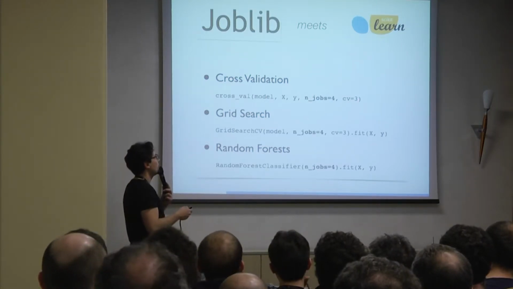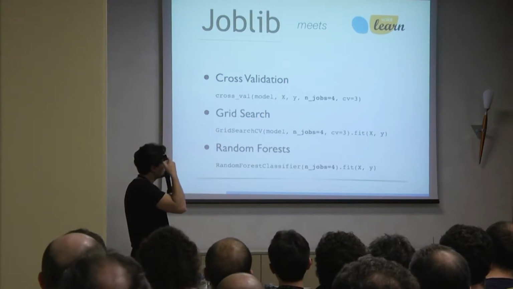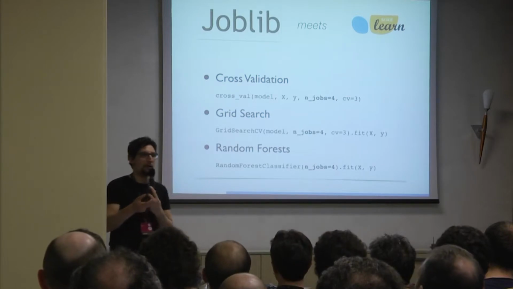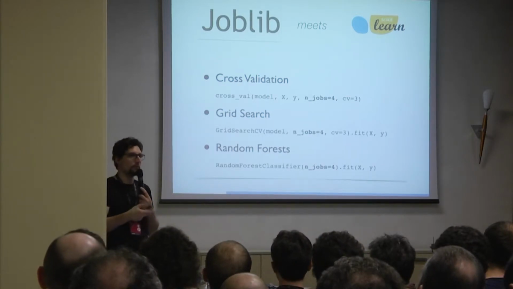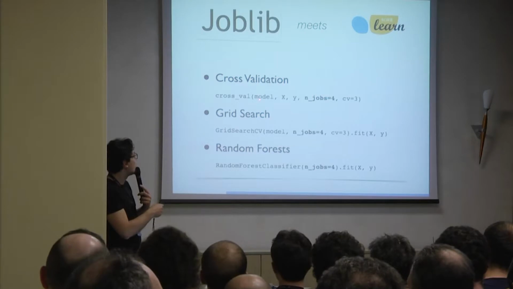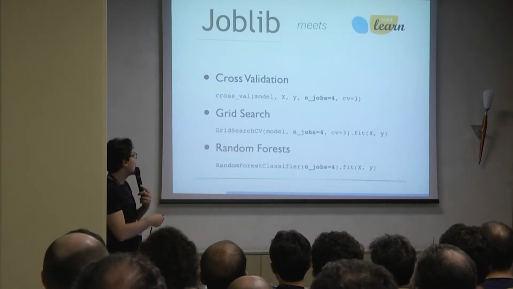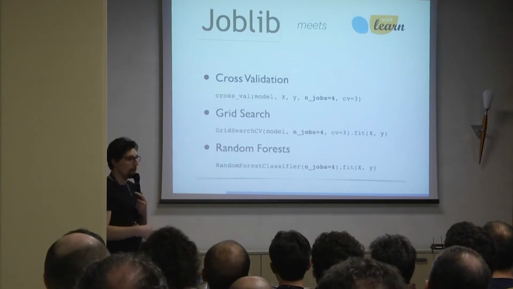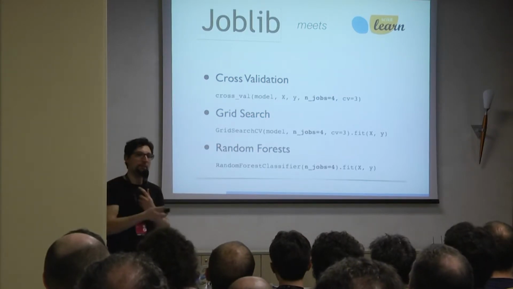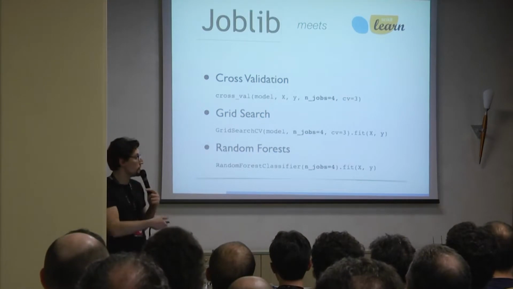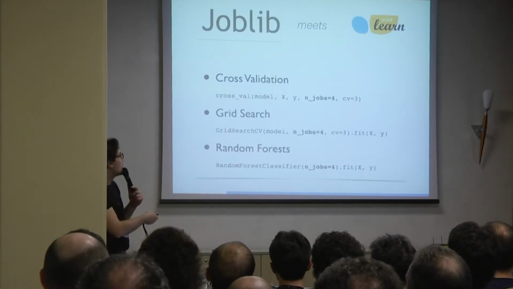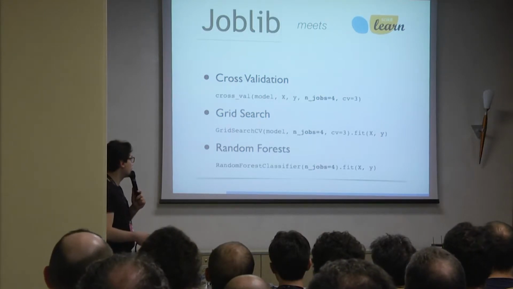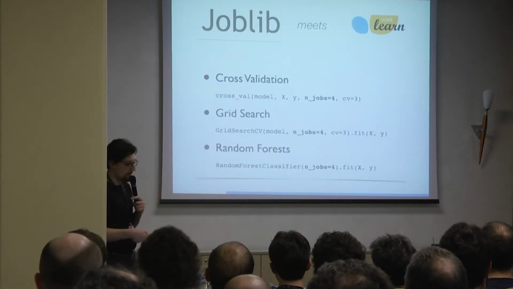Basically, under the hood, if you pass a number of jobs greater than one, in the background it is using joblib to run the multiple computations on multiple processes for the different methods, in this case cross-validation, grid search, or random forests. Of course, not every machine learning method is parallelizable. Only those that can be parallelized have this additional parameter in the API.